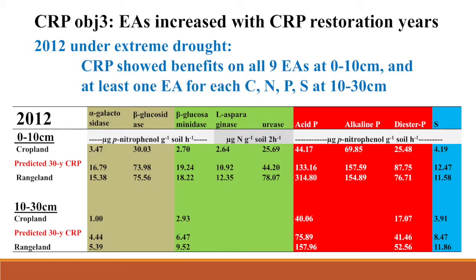So in 2012, under the extreme drought condition, you can see all 9 enzymes increased with CRP years, and at least one enzyme in each category increased with CRP.